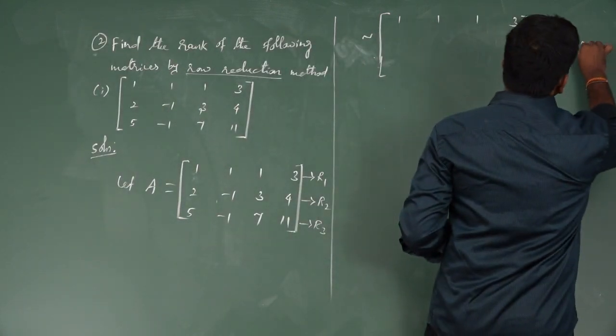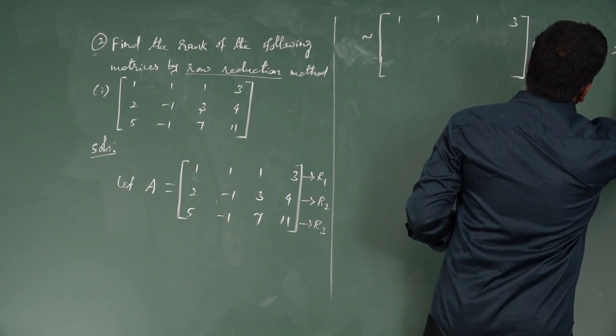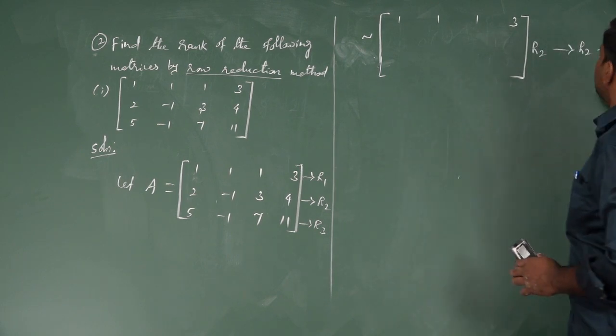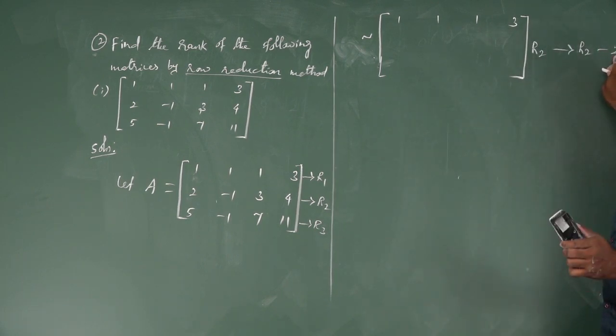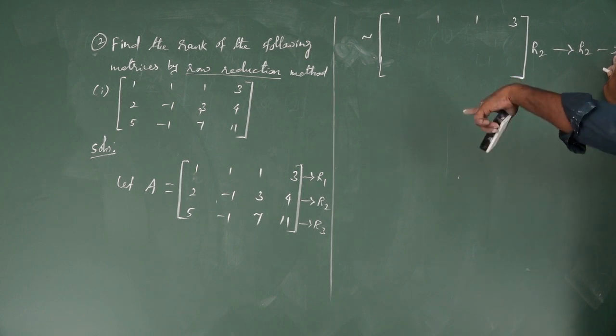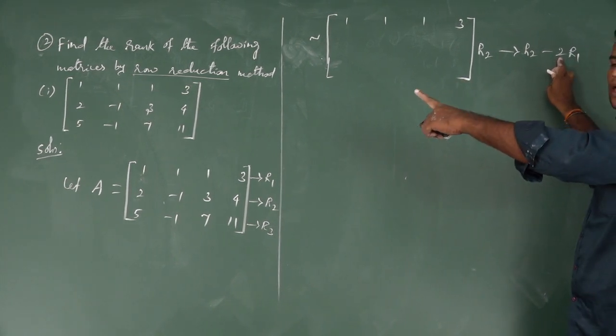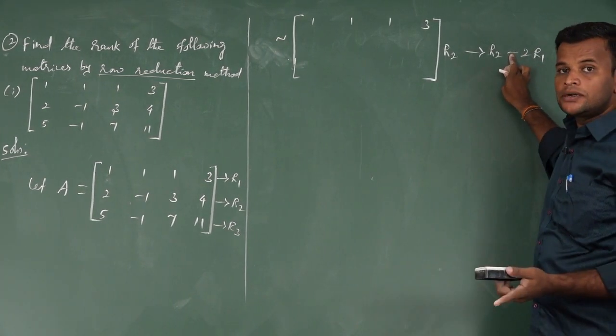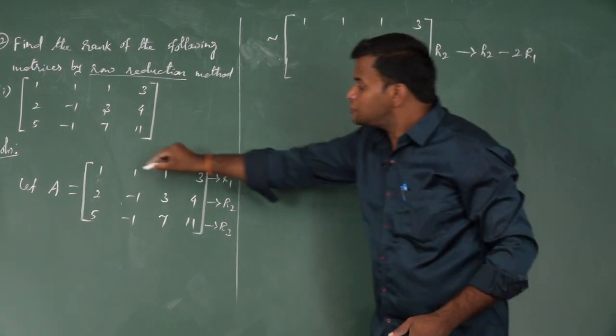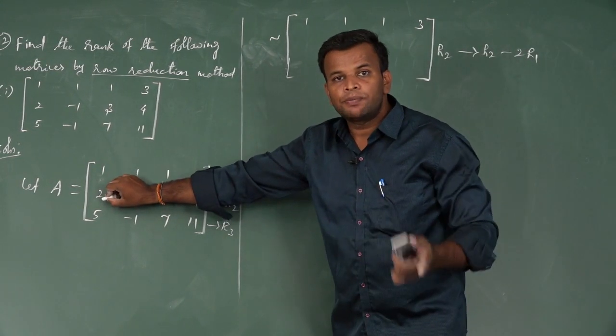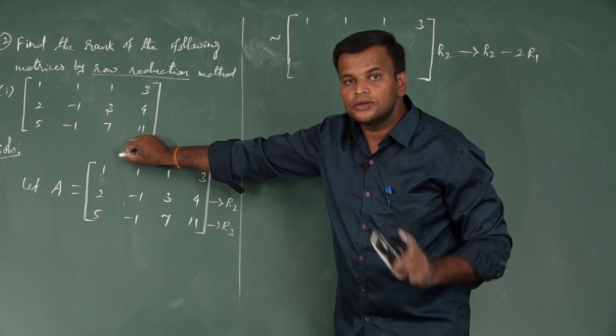R2 minus 2R1. What is the particular reason to write 2 here? In the first row the element 1 is there, and 1 times 2 is 2. And the reason to subtract is that both have the same sign, so when we subtract, this element becomes 0.